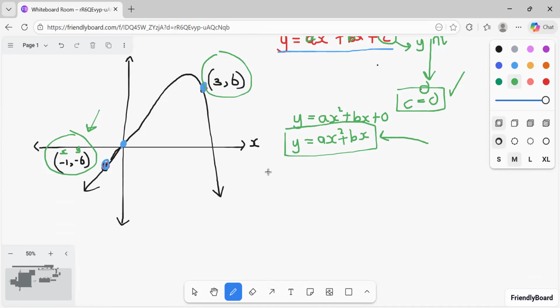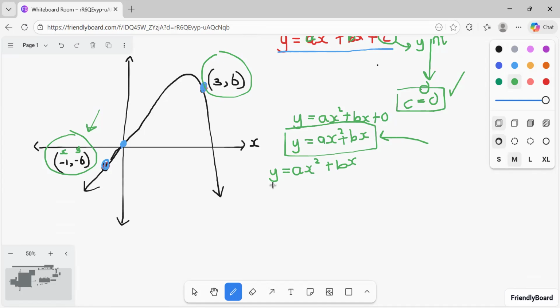Let me write down the equation one more time: y is equal to ax squared plus bx. Fortunately, we are not going to have c because we already know that our c is 0. We are just going to sub into this equation.